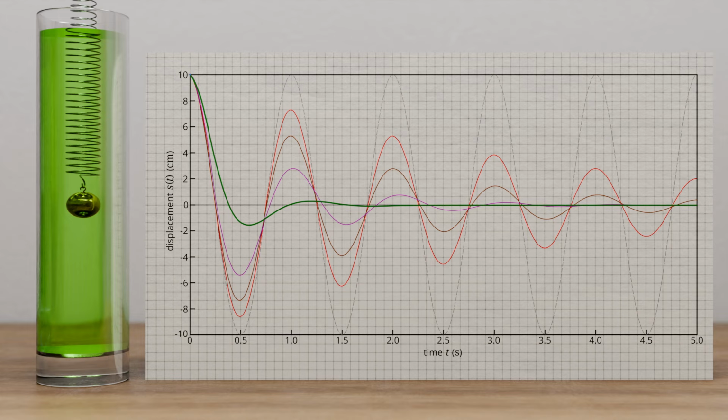When we examine the magenta-colored oscillation curve, in which the system performs only 4 visible oscillations before coming to rest, we see that the period duration has changed only minimally relative to the undamped oscillation. If the period duration of the undamped oscillation is exactly 1.00 seconds, it increases by only about 2% to 1.02 seconds in the case of the magenta-colored curve, despite the strong damping that allows only 4 visible oscillations.